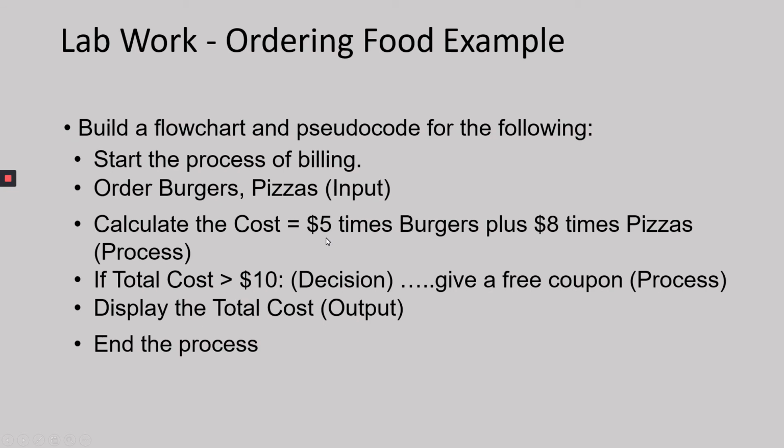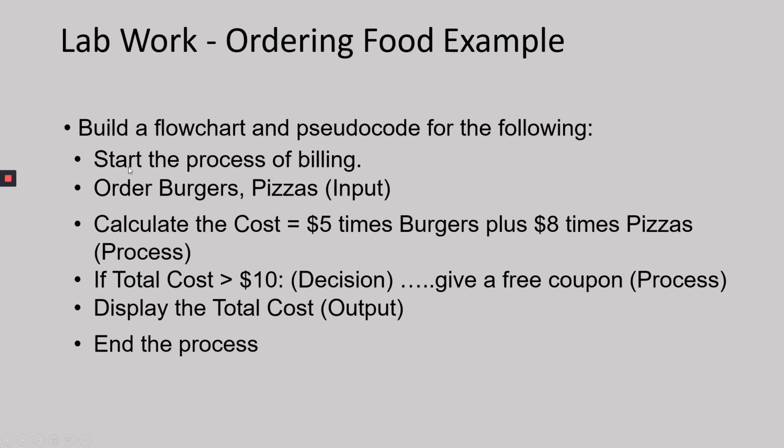Okay, so for the next one, which is the ordering food example, same logic. You can pause here for a few seconds to get the information from this whole description. Okay, maybe just a few seconds.